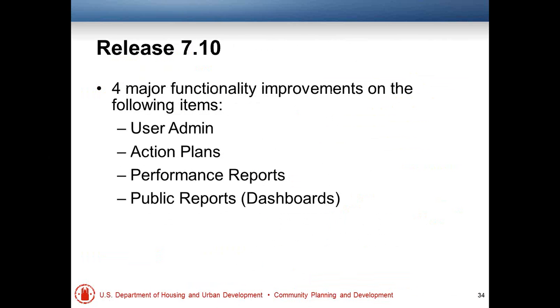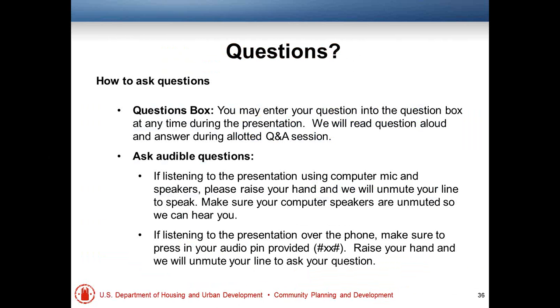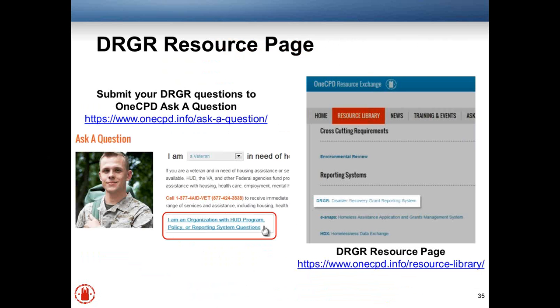Just to remind people, you go to onecpd.info, ask a question, choose organization, and ask a question about a HUD program, policy, or reporting system question. Make sure you fill it out based on DRGR, and that will get routed to the DRGR people, who will be able to answer your questions.